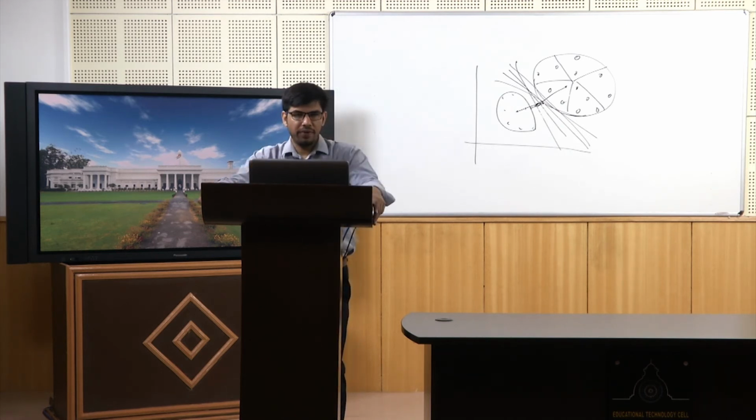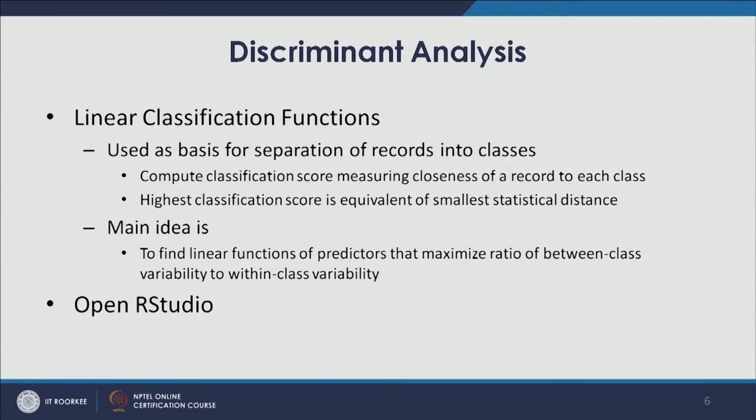Linear classification functions are used to implement some of these things that we talked about, the distances and other things.